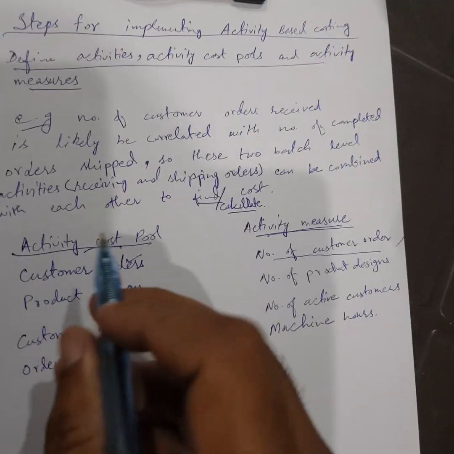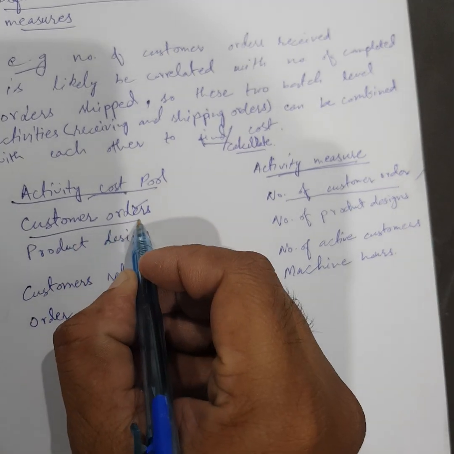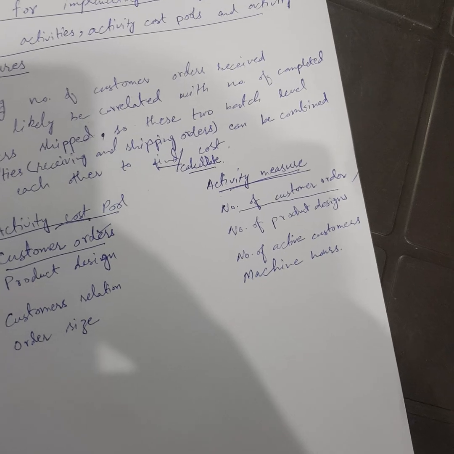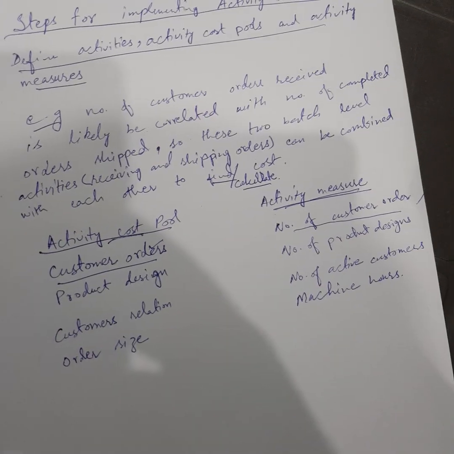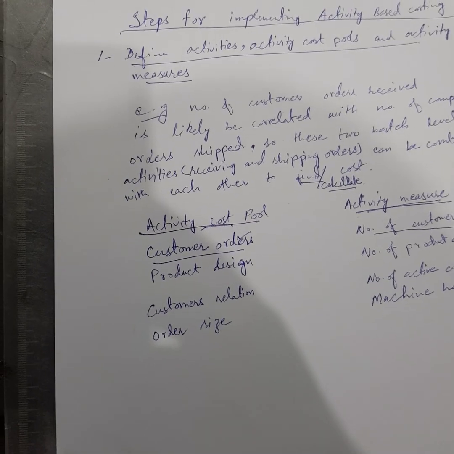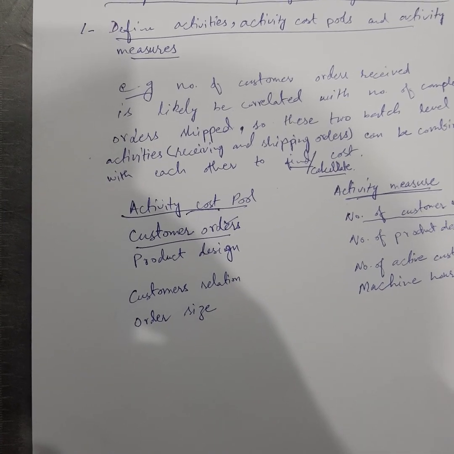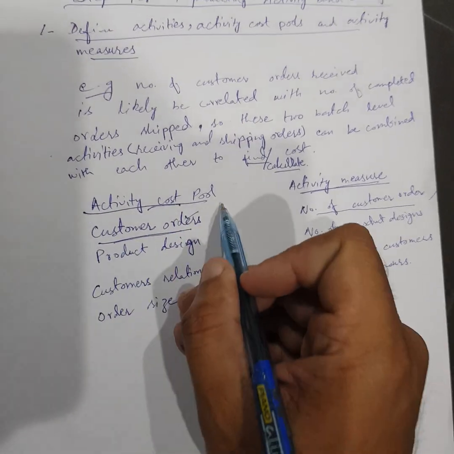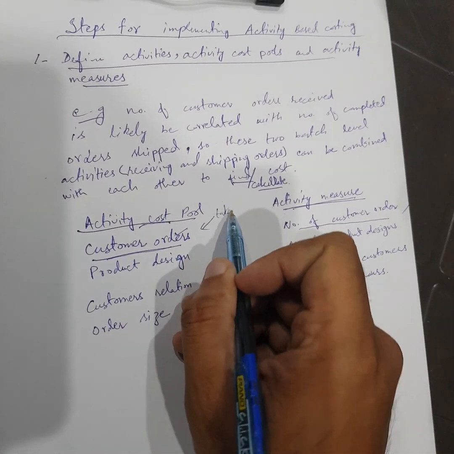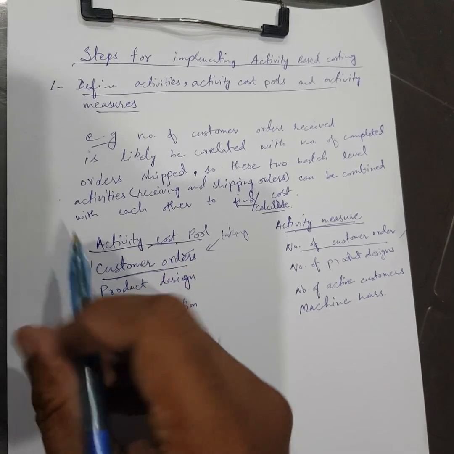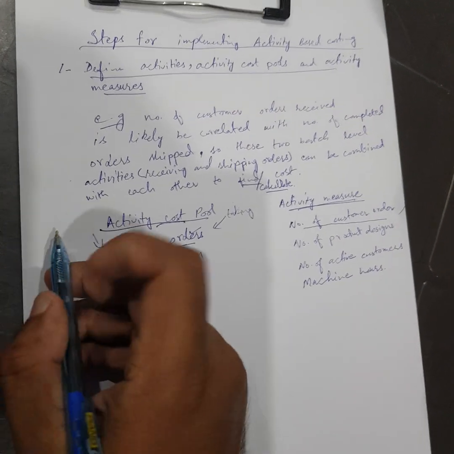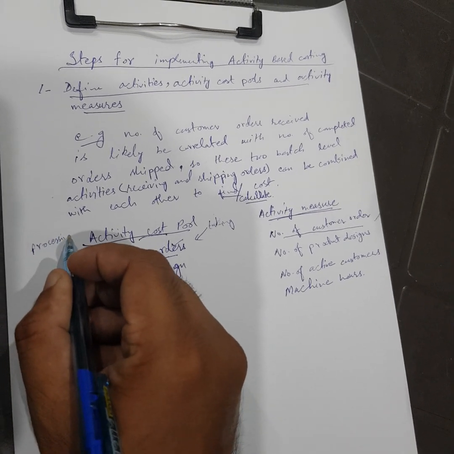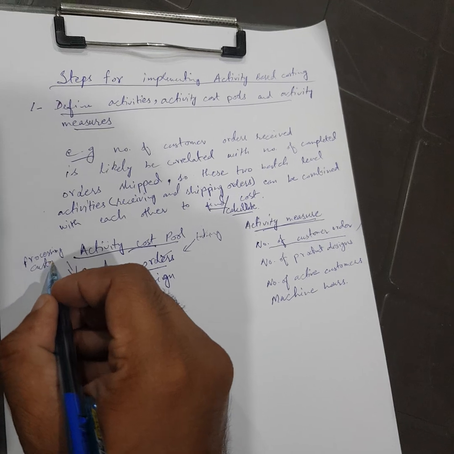To elaborate on these, if we talk about customer orders, the customer orders cost pool will be assigned all the cost of resources that are consumed by taking and processing customer orders.